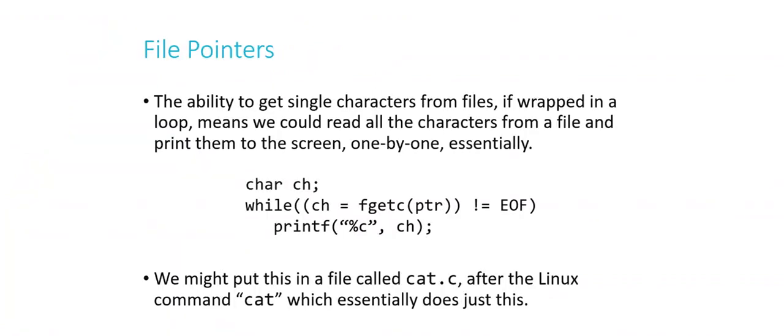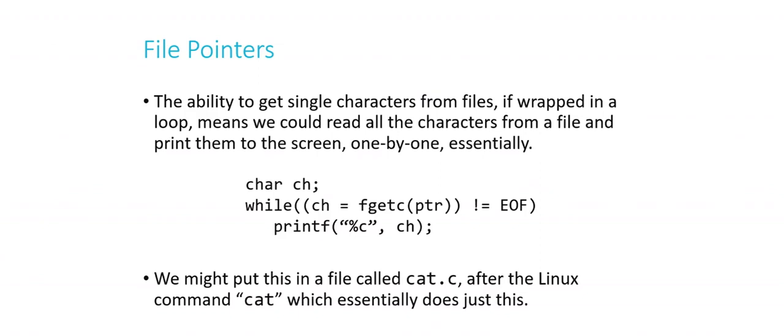Pretty straightforward. We've only looked at three functions, and already we can do something pretty neat. If we take this ability of getting a character and we loop it, so we continue to get characters from a file over and over, now we can read every single character of a file. And if we print every character immediately after we read it, we have now read from a file and printed its contents to the screen.